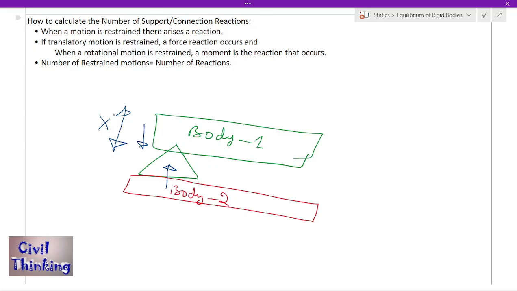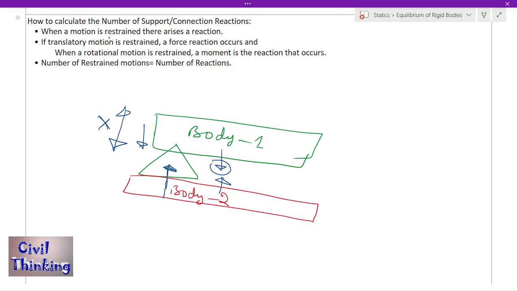The upward and downward motion is restrained because there is a reaction against it. The reaction will be opposite to the motion, so there will be no motion.